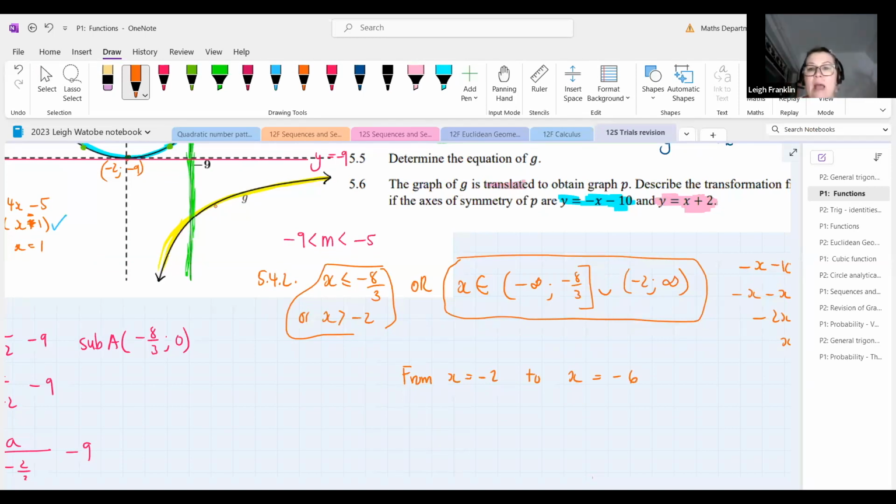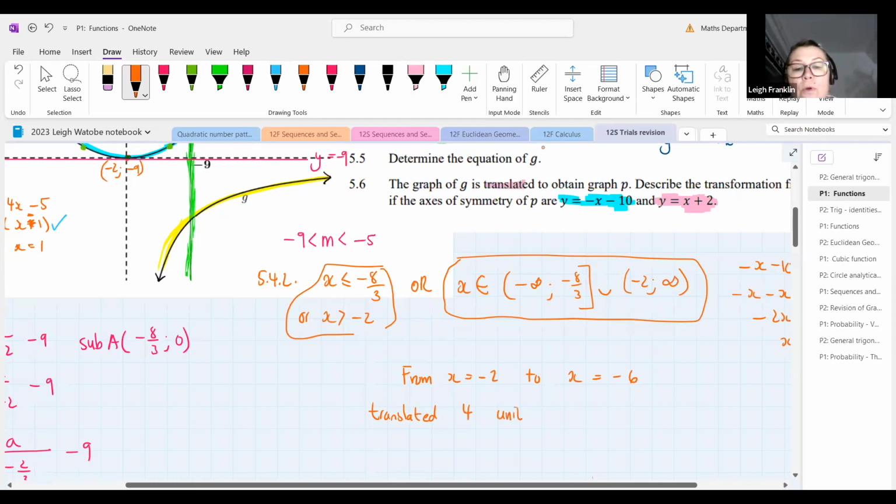So that means that we have to have translated how many units to the left? It must be translated 4. Good. Well done, guys.